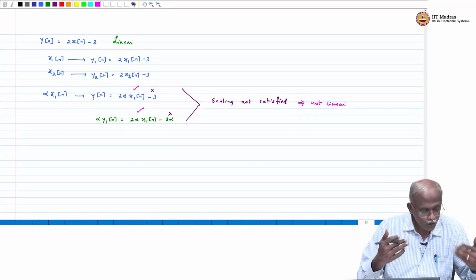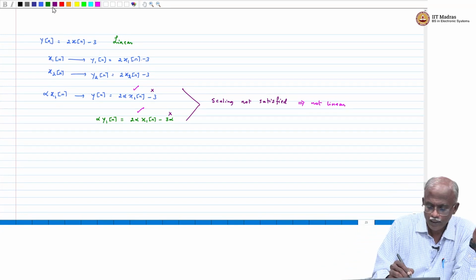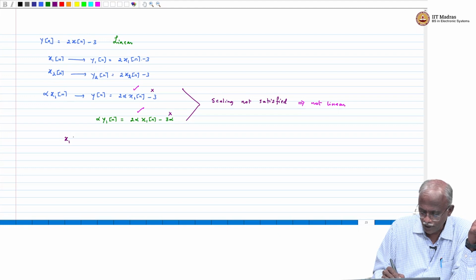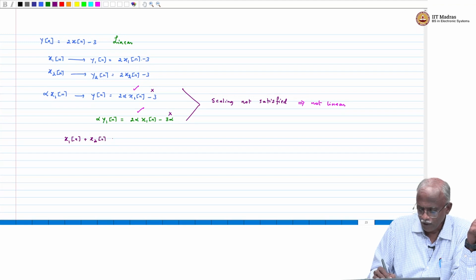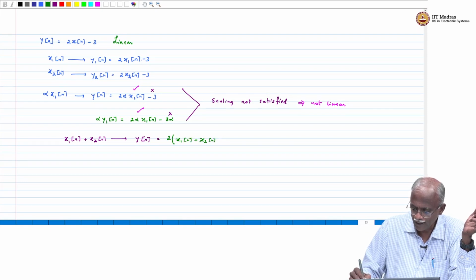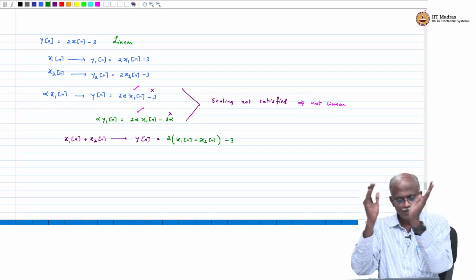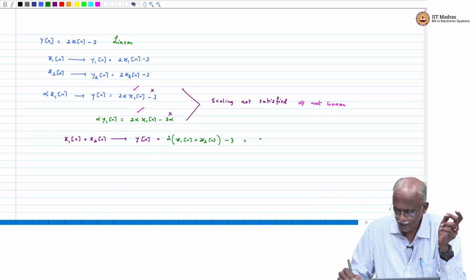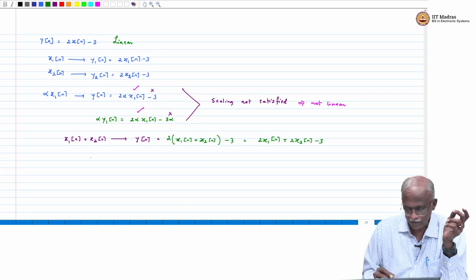You can also verify the following. Supposing you gave the input x1 of n plus x2 of n, what will this system produce? It will produce y of n equal to 2 times the input minus 3, which is the same as 2 times x1 of n plus 2 times x2 of n minus 3.